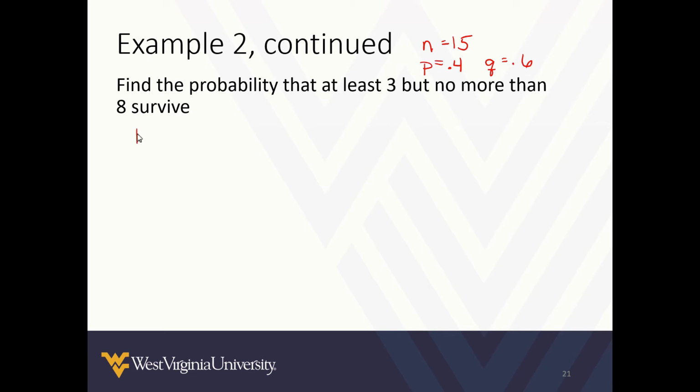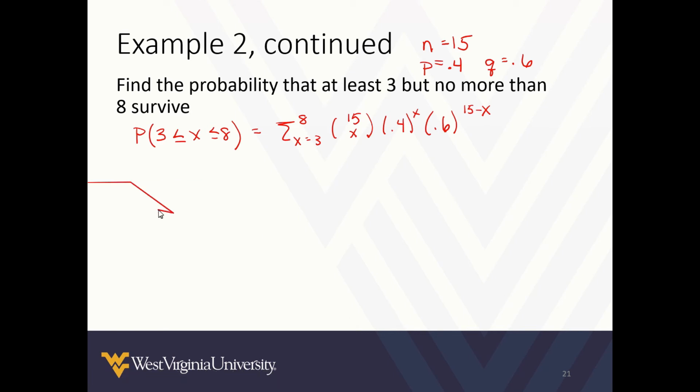Now, we have been asked to find the probability of 3 less than or equal to x less than or equal to 8. Once again, we do have the option of finding this directly, that is doing the summation of x equals 3 to 8, 15 choose x, multiplied by 0.4 to the x, multiplied by 0.6 to the 15 minus x. Or we can use the table.